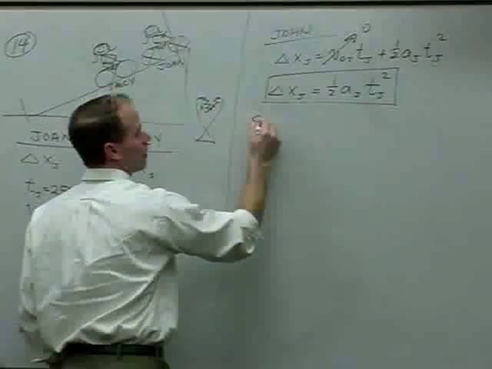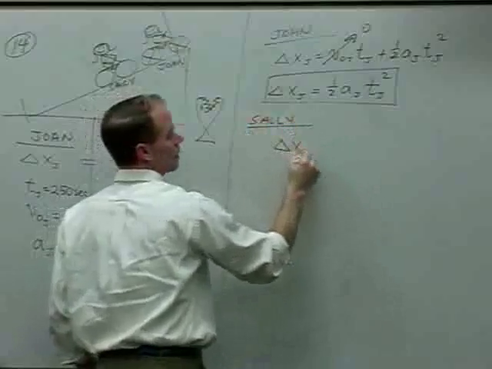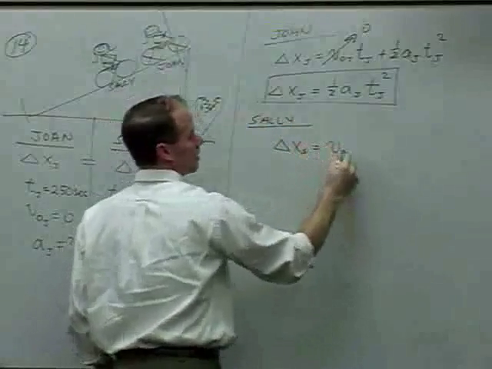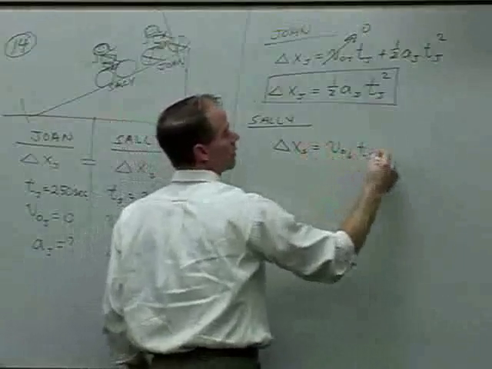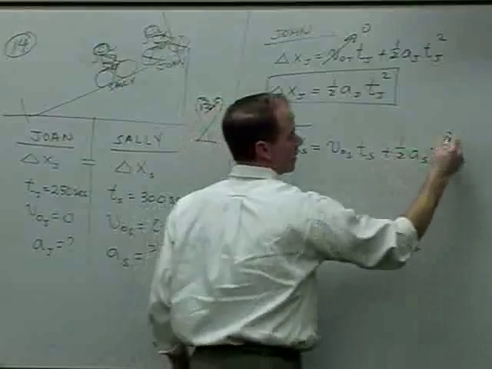Look at Sally. We would have displacement for Sally equals initial velocity for Sally times time for Sally plus 1/2 acceleration for Sally time for Sally squared.